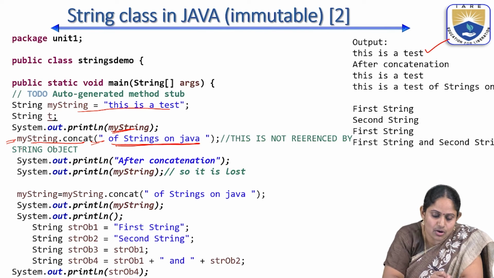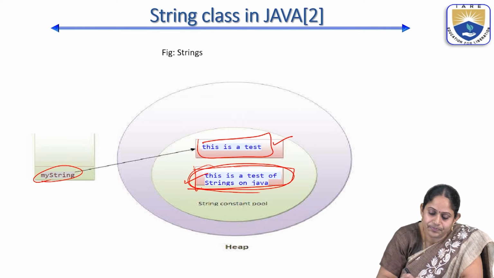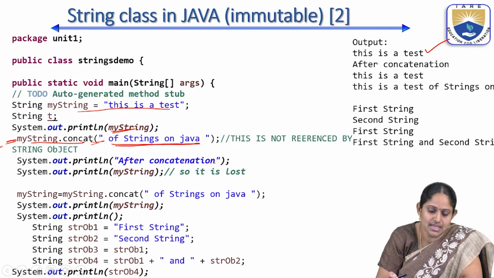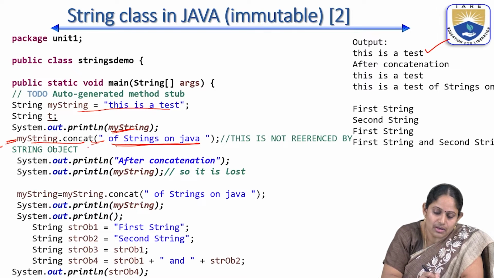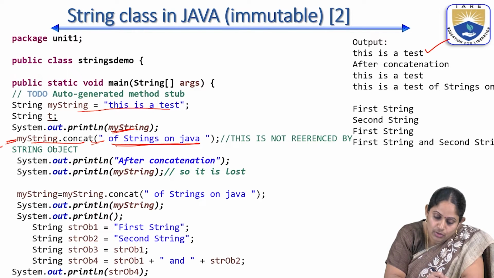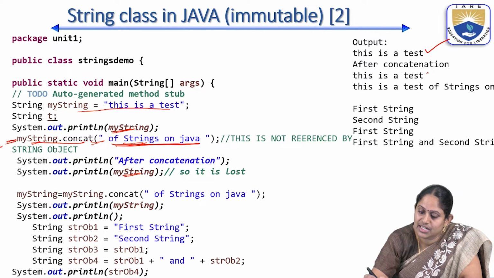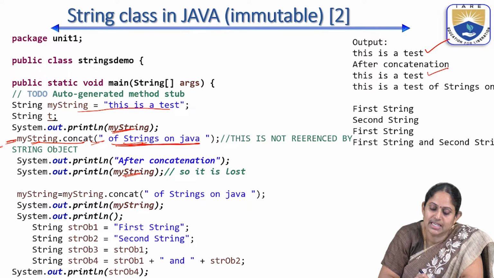But since it does not have any reference, we won't be able to access that string. Even though we are concatenating these two strings, the result is not being referred to. So when you try to print myString, it will print only the initial contents of it.